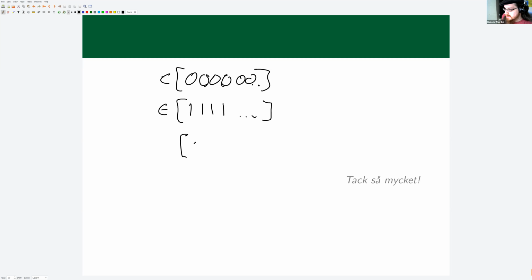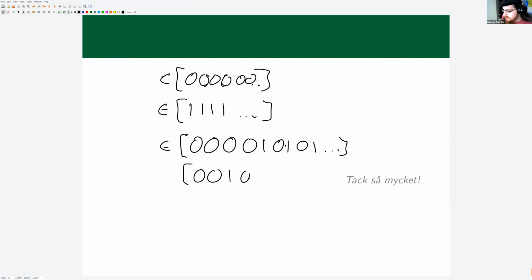They memorize one string where starting from some even place, it's 0, 1, 0, 1, 0, 1. They memorize one where it's 0, 0, 1, 0, 0, 1, 0, 0, 1, and so on. There are some non-periodic ones where it's 0, 1, 0, 0, 1, 0, 0, 0, 1, and so on.